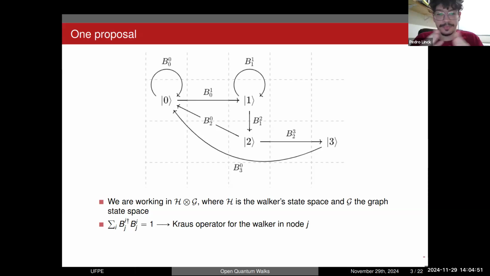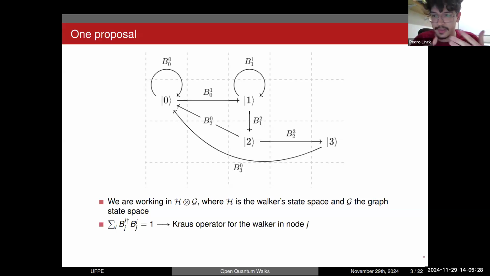For those who don't know these Kraus operators, suppose that you have just one. So the sum is not really a sum, it's just one term. Then you have a unitary: something dagger, something, equals the identity. For open quantum systems, this is not possible, since the general framework to develop the theory of open quantum systems is a global unitary, and you trace out the environment.